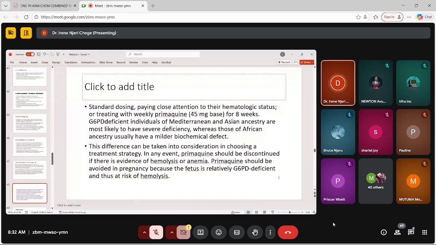It used to be our standard treatment in the 80s and 90s, before which it was chloroquine. So pyrimethamine comes with sulfadoxine, SP, Fansidar. That was the treatment. It can still be used for treatment depending on the level of resistance, but we use it for chemoprophylaxis.